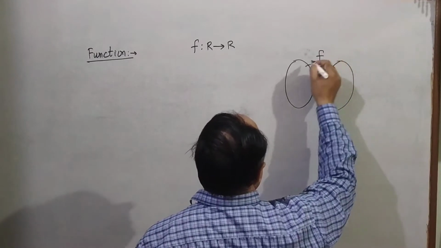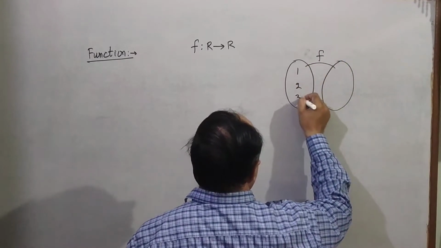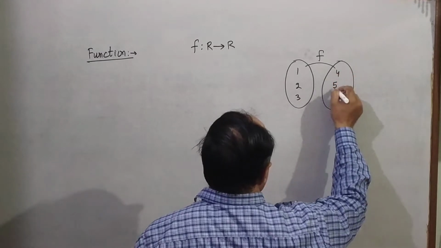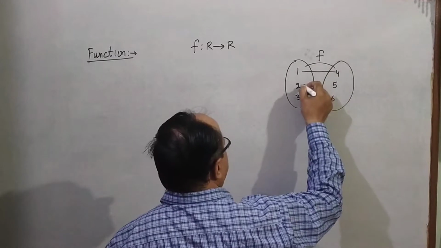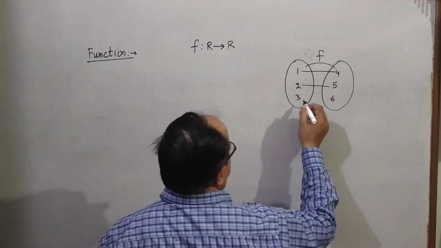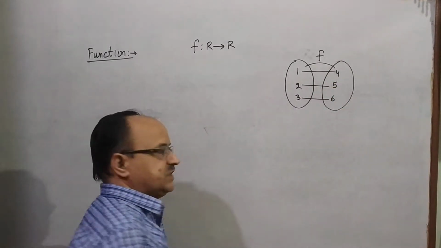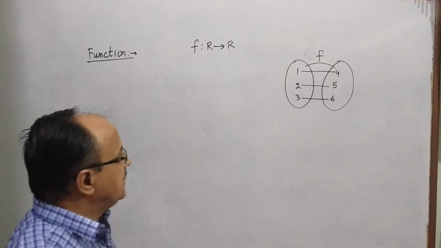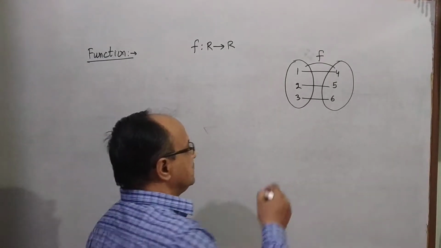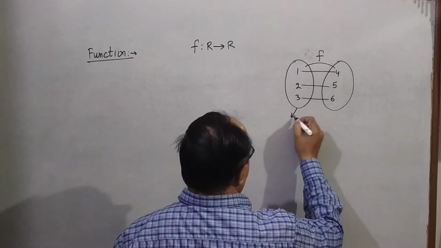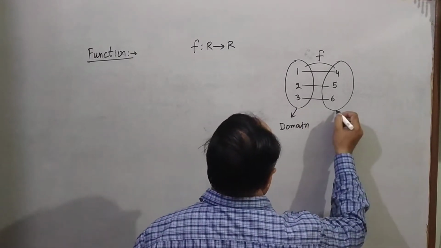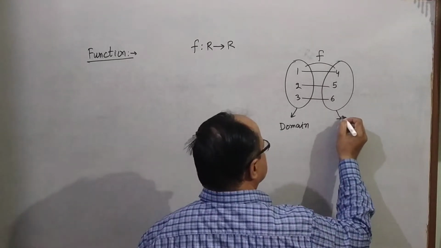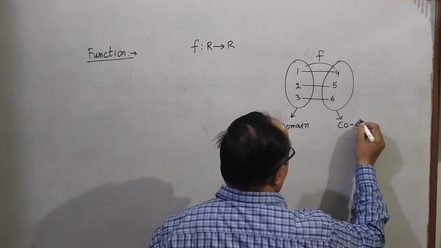For example, take 1, 2, 3 and 4, 5, 6. The image of 1 is 4, the image of 2 is 5, the image of 3 is 6. 1, 2, 3 is called the domain, and this whole set is called the codomain.